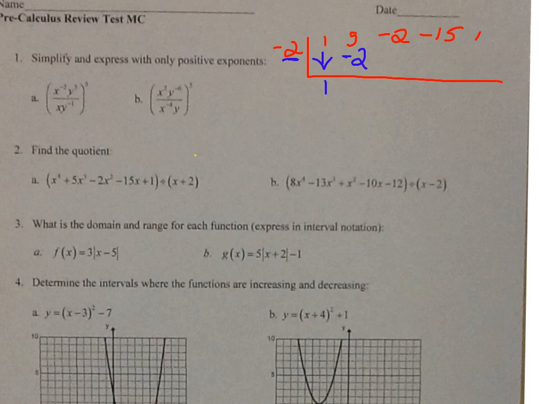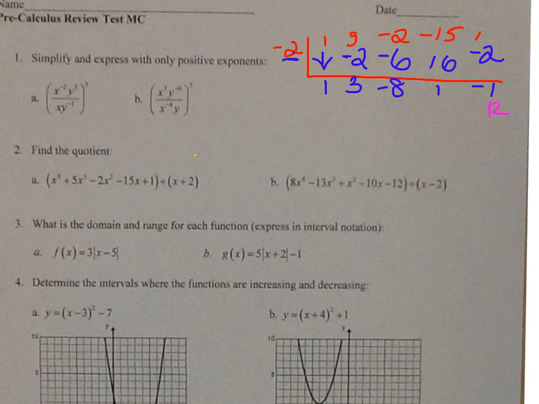Add straight down. 5 minus 2 is 3. Multiply by negative 2 is negative 6. Add straight down, we get negative 8. Times negative 2 is positive 16. Add straight down. Negative 15 plus 16 is 1. Multiply by negative 2, and I get negative 2. Add straight down, we have a remainder of negative 1.